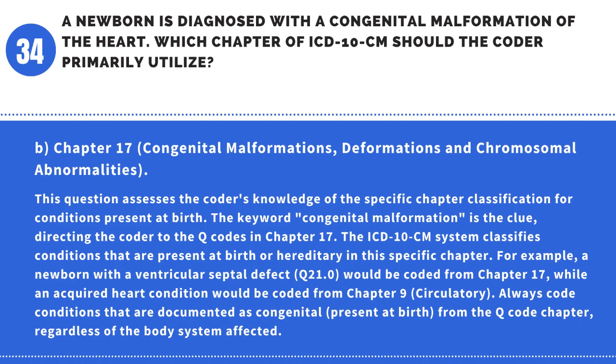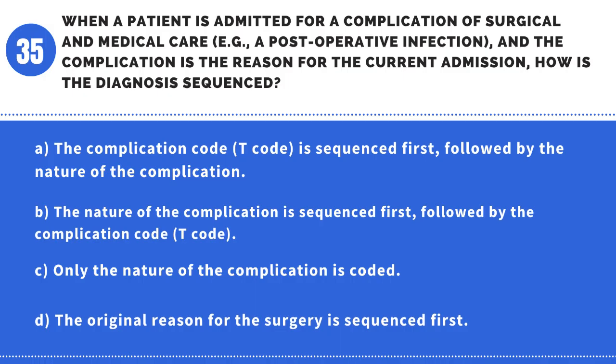system affected. Question 35. When a patient is admitted for a complication of surgical and medical care, e.g., a postoperative infection, and the complication is the reason for the current admission, how is the diagnosis sequenced? A. The complication code, T code, is sequenced first, followed by the nature of the complication.